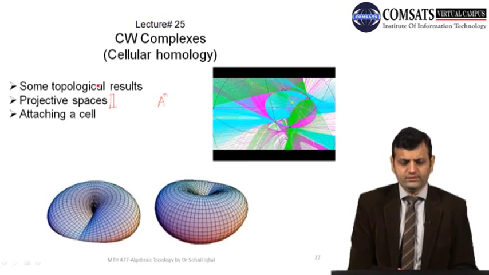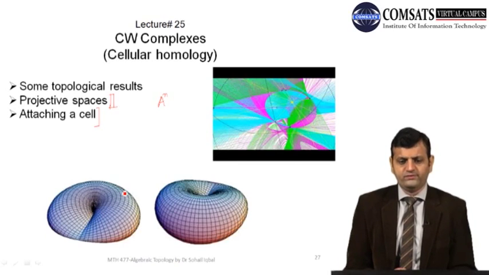Moving on, in the last section of this lecture we discussed attaching a cell. This is one of the fundamental operations of cellular homology, because it gives us a way of constructing a topological space.